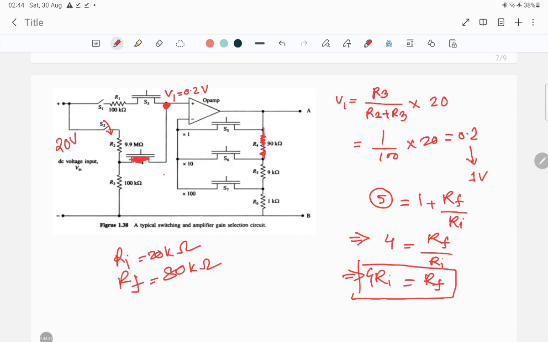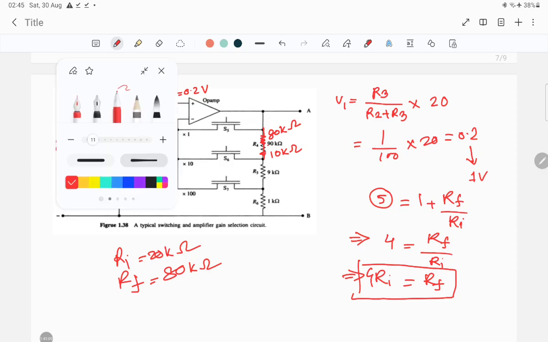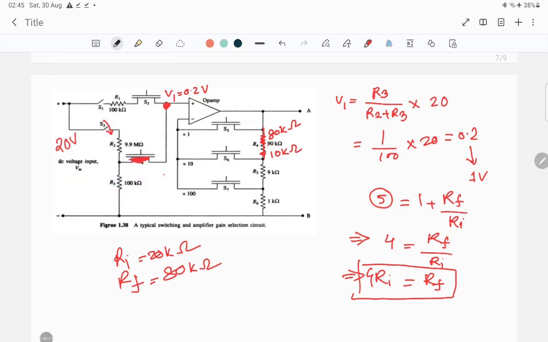The first resistance should be 80 kilo ohm, the second resistance should be 10 kilo ohm, and the remaining will be 9 plus 1, another 10 kilo ohms. Okay, now in between there will be another switch which will give you a gain factor of 5.